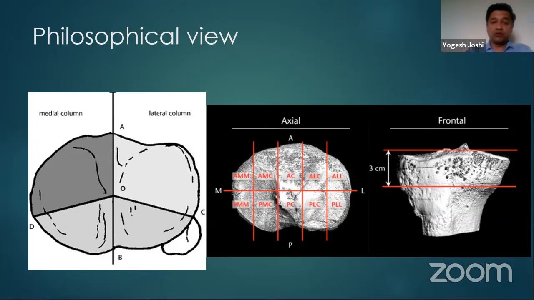One is the medial column, one is the lateral column, one is the posterior column. So you can divide the whole proximal tibial plateau into 2 halves, and then divide into anterior and posterior, and then divide the anterior part into medial and lateral. He again divided the posterior part into posteromedial and posterolateral as well.